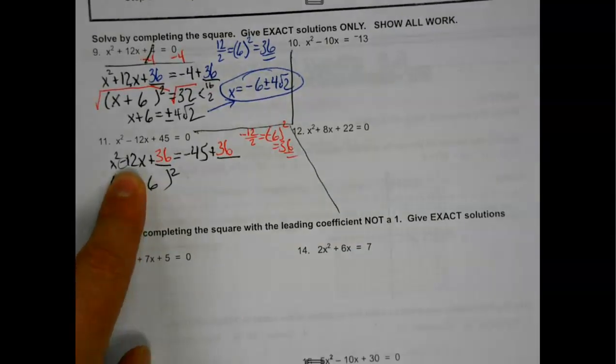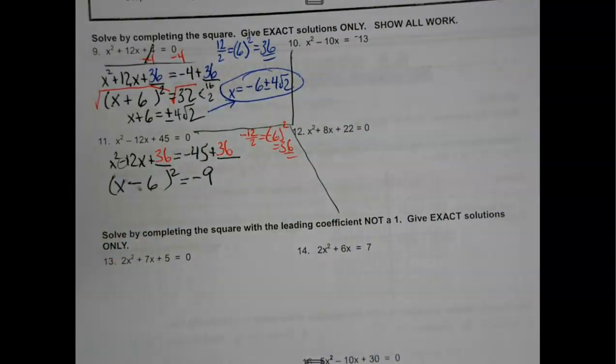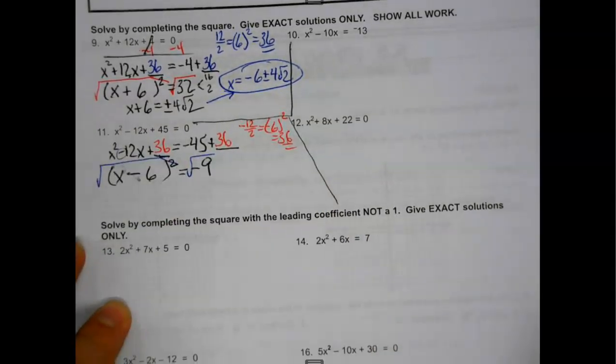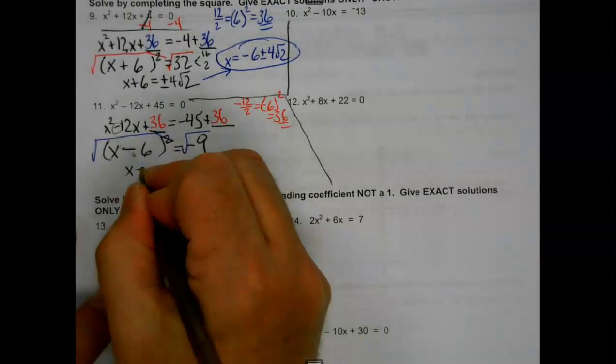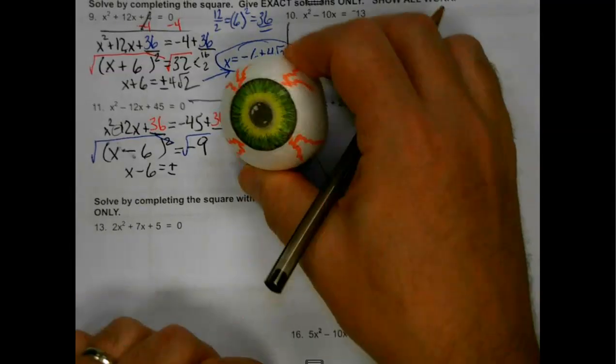Half of negative 12 is negative 6. Oh, here comes the twist. Get that out. X minus 6 equals plus minus.